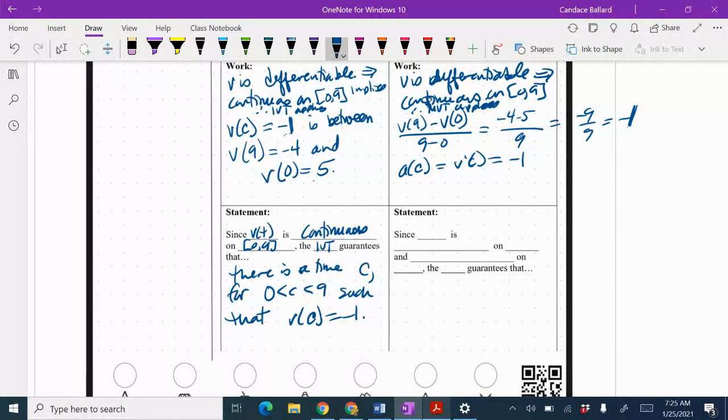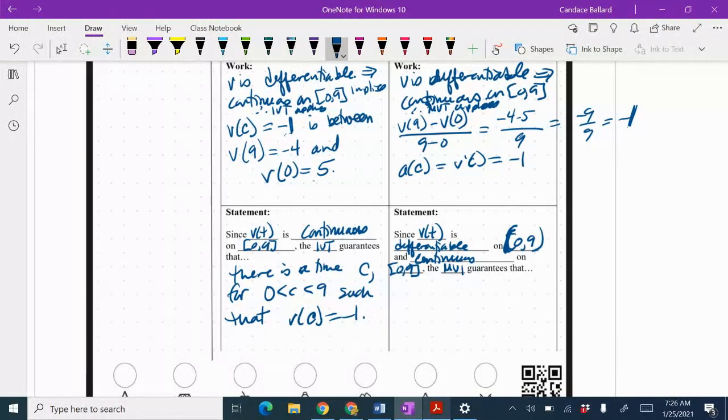Whereas for mean value theorem, we would say v of t is differentiable, I'm going to go with differentiable first, on the open interval 0 to 9, and continuous on the closed interval from 0 to 9, because there's a little bit of a distinction there.